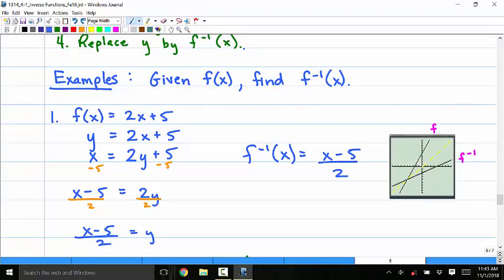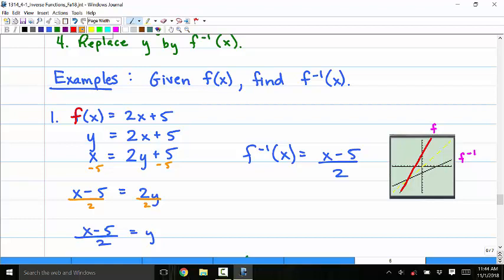Okay, if I graph f and f inverse on the same axes, this is what I get. I'm going to look at f in red. F is graphed right here, y equals 2x plus 5.